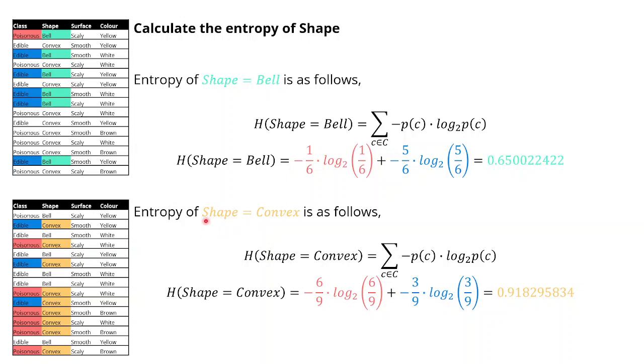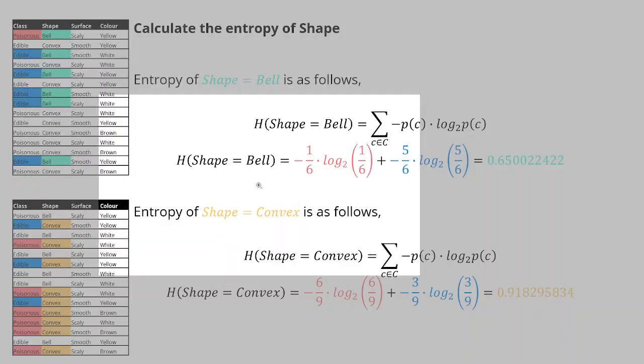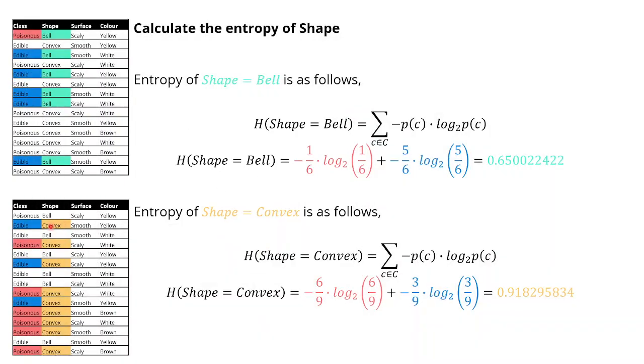Next, we calculate the entropy of shape equal to convex. Again, the convex shapes are highlighted. If we count, 1, 2, 3, 4, 5, 6, 7, 8, 9. Okay, so we have 9, right? Out of the 9 convex shapes, how many are poisonous? 1, 2, 3, 4, 5, 6.